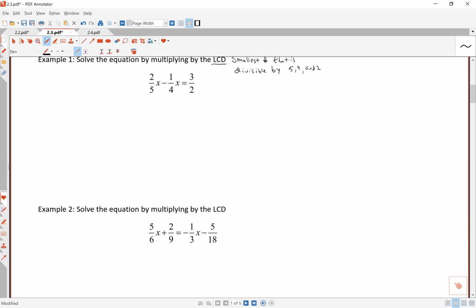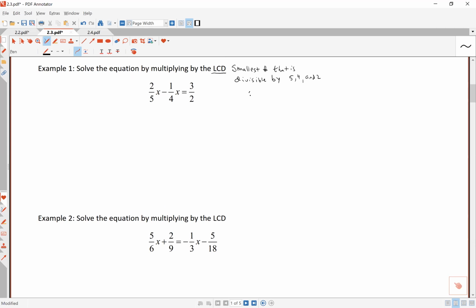Numbers that are divisible by 5 are 5, 10, 15, 20, 25, 30, and so on. Numbers that are divisible by 4 are 4, 8, 12, 16, 20, 24, 28, and so on. Numbers divisible by 2 are 2, 4, 6, 8, 10, 12, 14, 16, 18, 20, 22, and so on.